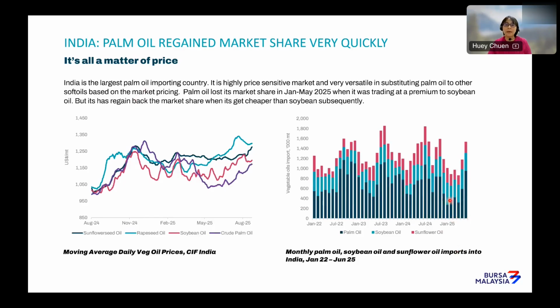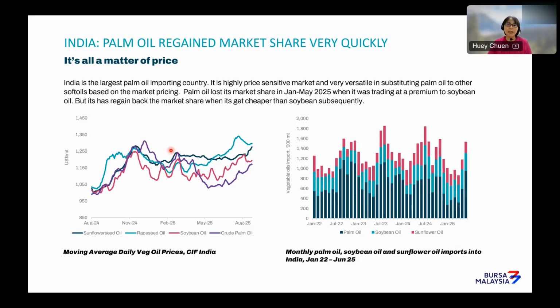Okay, what happened here? If you look at the price chart here, at these few months, the CPO market is actually one of the highest. You see, CPO was the most expensive. Palm oil was the most expensive oil in India from December 2024, and then occasionally it traded at a discount and went back up.